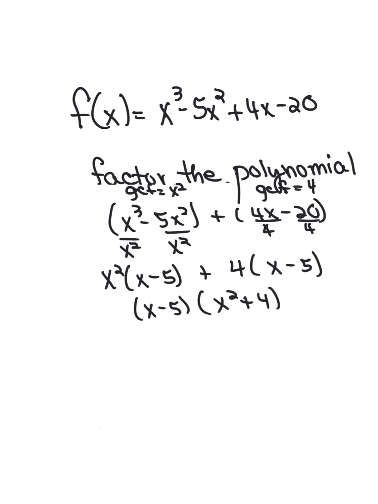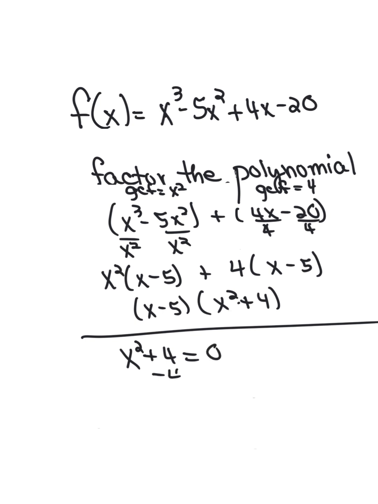All right, so from there, we know x minus 5 is a factor. We also know x squared plus 4 is a factor, but it is not in simplified form. So what I'm going to do at this point is take the factor x squared plus 4, set it equal to 0, and solve it.